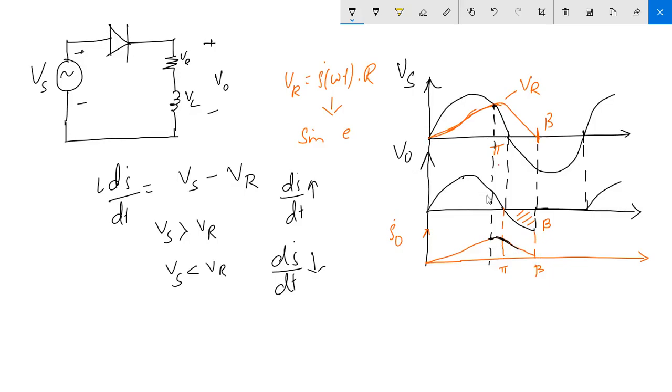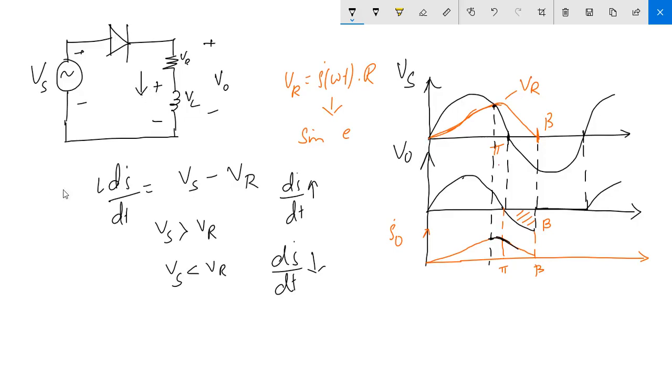So this is the waveform, and because after pi the inductor still has extra energy, it keeps the diode conducting. Initially the inductor charge was stored like this, and the current is coming like this.